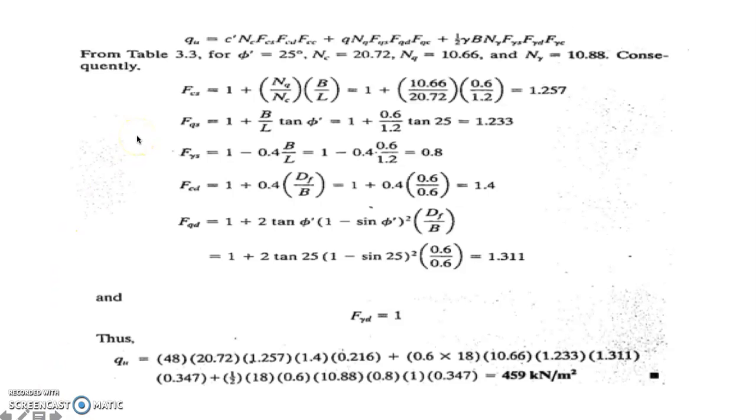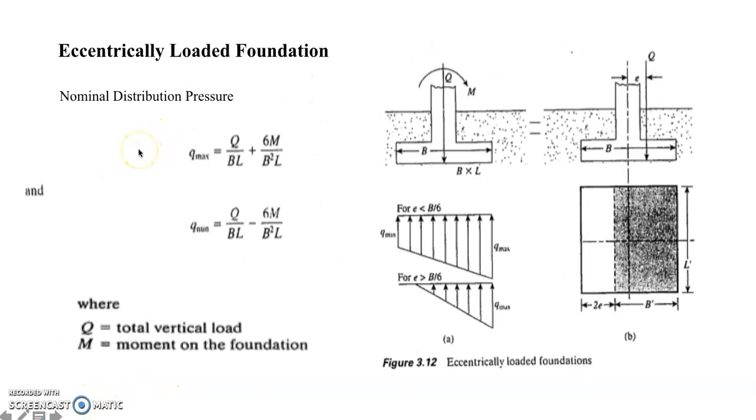Once you have obtained your compressibility factors, bearing capacity factors, shape factors, depth factors, and inclination factors, we substitute them into our equation for the ultimate bearing capacity, and we obtain 459 kilonewton per meter squared.